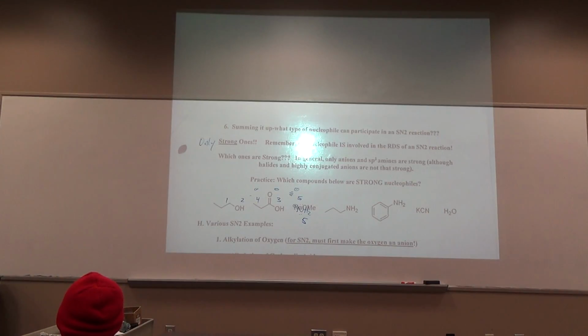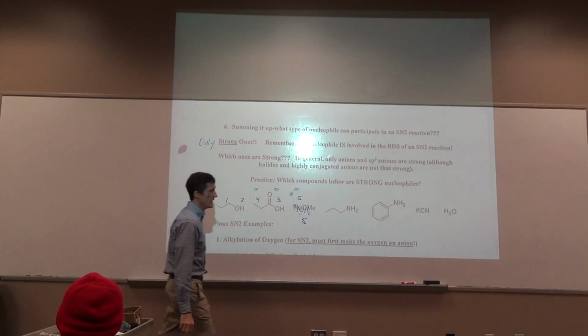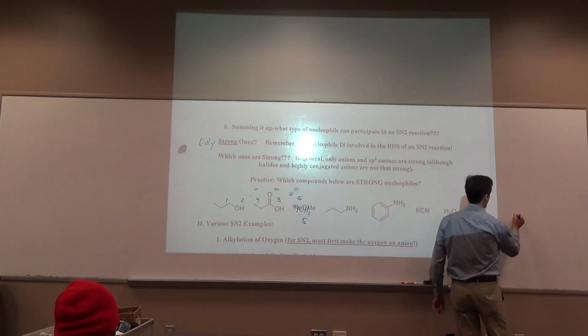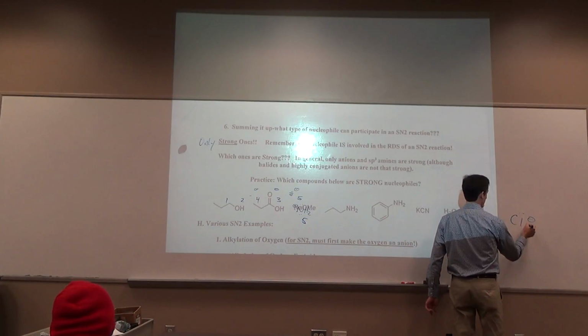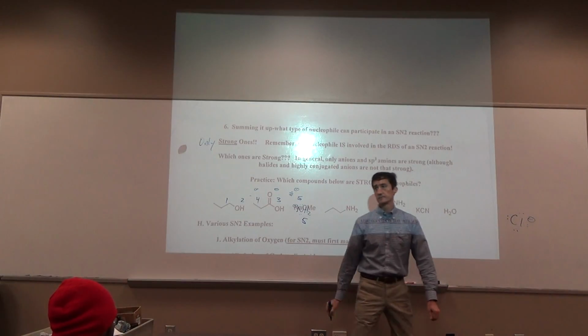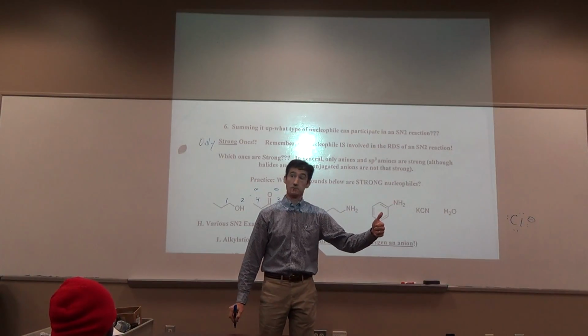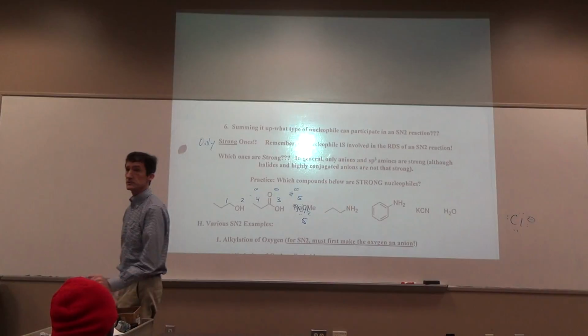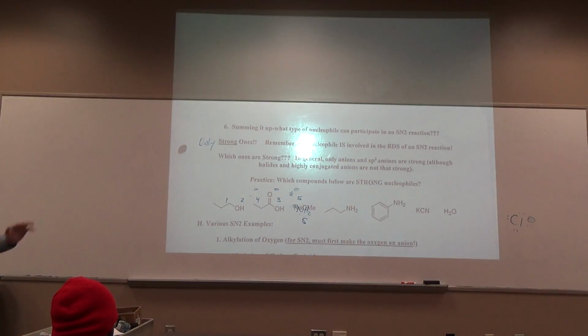Now the exception to that is that anions of strong acids tend to be weak bases and also tend to be weaker nucleophiles. So is Cl minus a strong nucleophile? Is it an anion? That's a strong nucleophile according to what I just told you. Problem is, that guy is not that strong of a nucleophile.